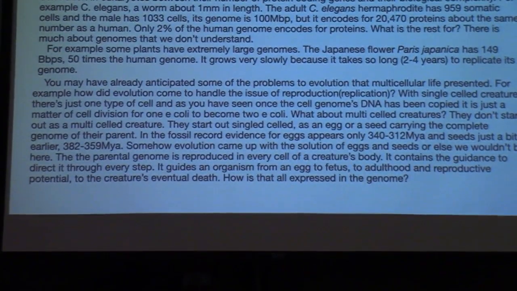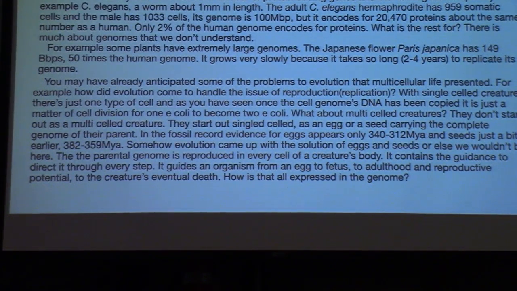With single-cell creatures, there's just one type of cell, and you have seen that once the cell's genome has been copied, it's just a matter of cell division for one E. coli to become two. But what about a multi-cell creature? They don't start out as multi-cell creatures. We all start out single-celled, as an egg or a seed.